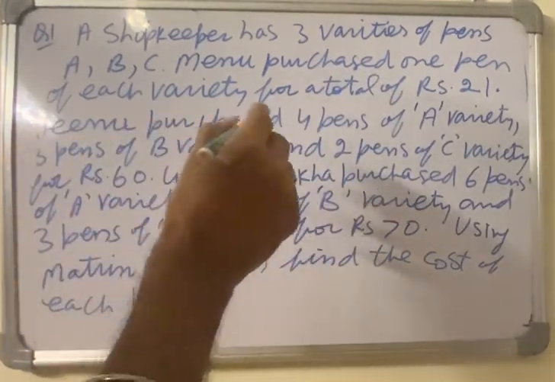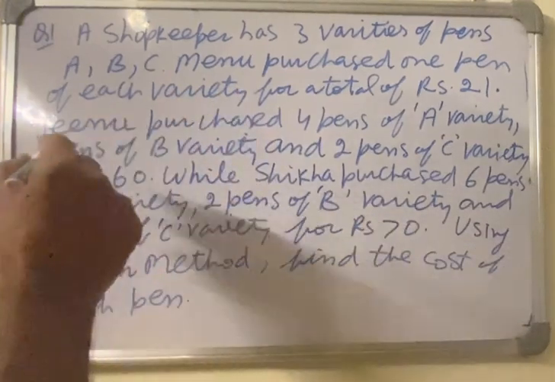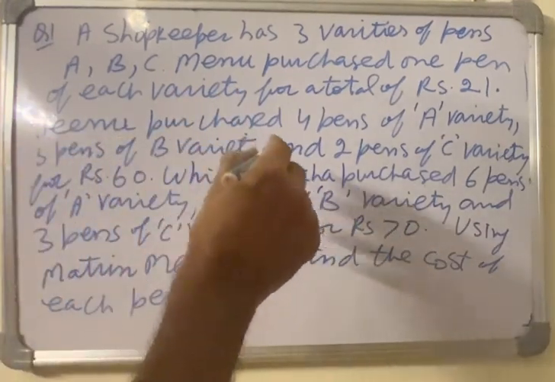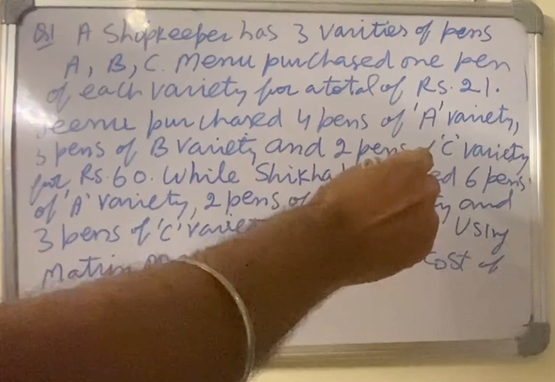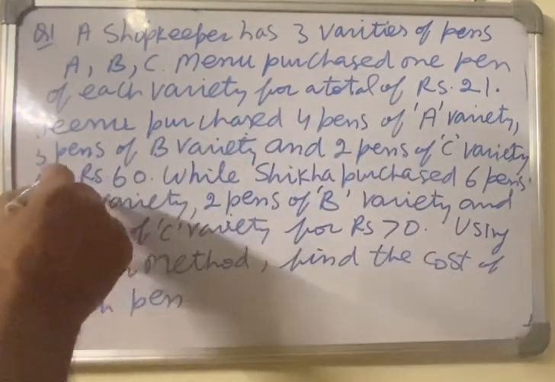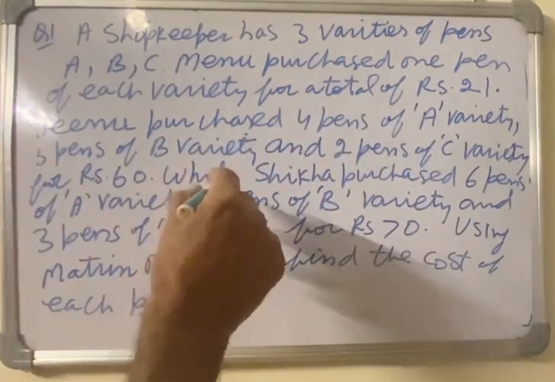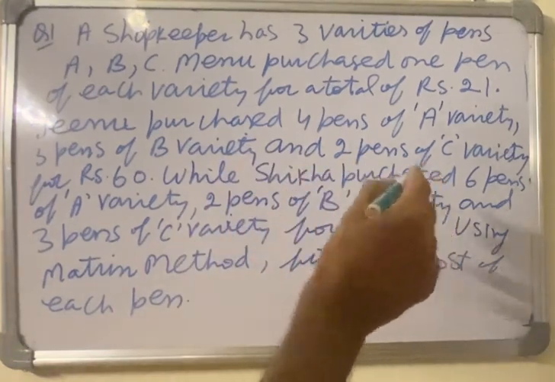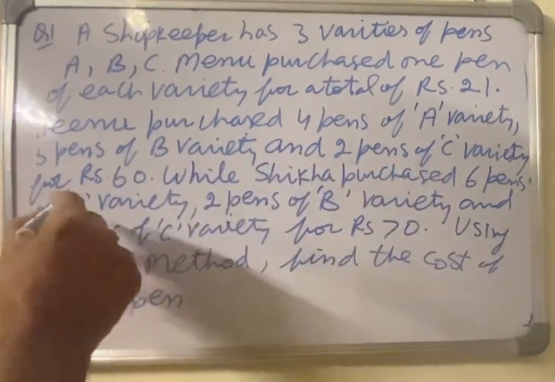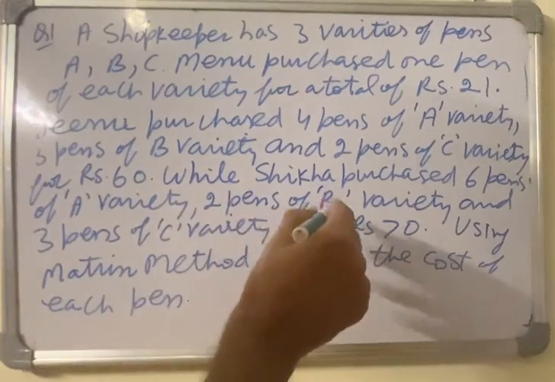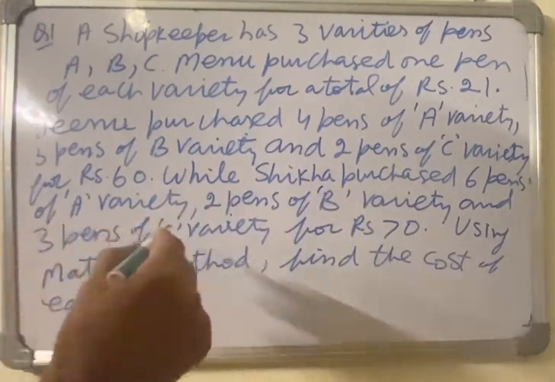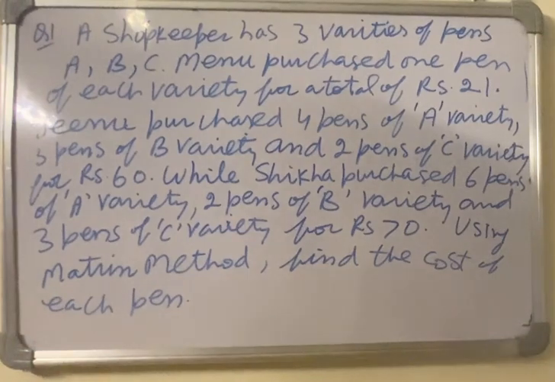Jinu purchased 4 pens of A variety, 3 pens of B variety, and 2 pens of C variety for rupees 60, while Shikha purchased 6 pens of A variety, 2 pens of B variety, and 3 pens of C variety for rupees 70. Using matrix method, find the cost of each pen.